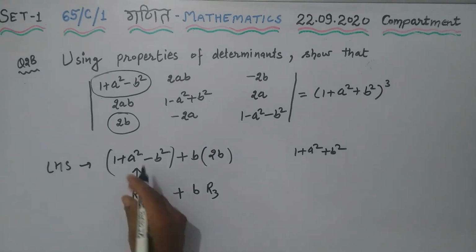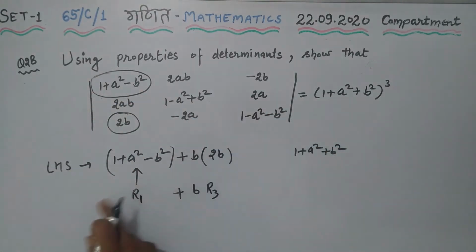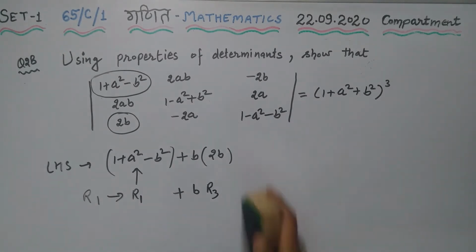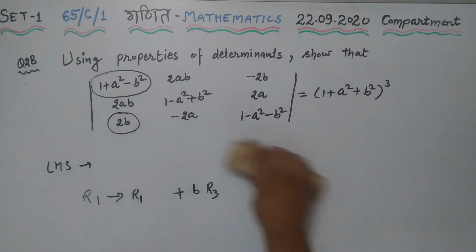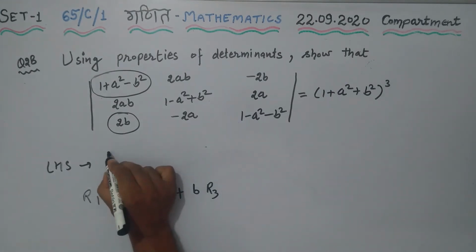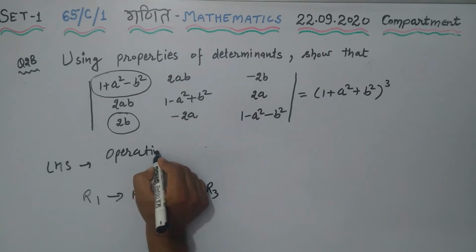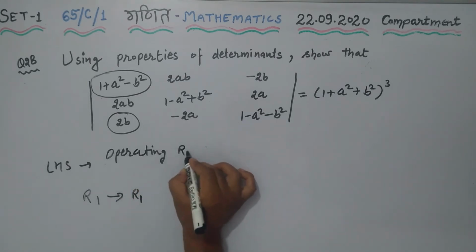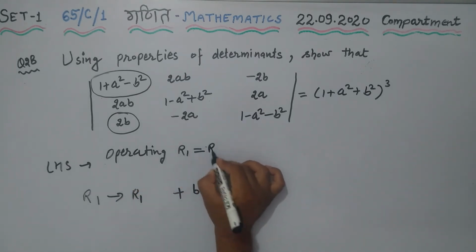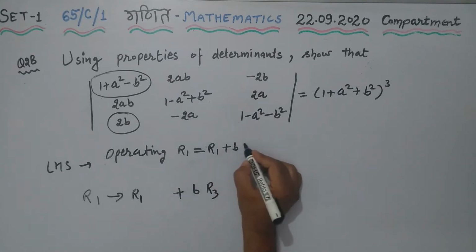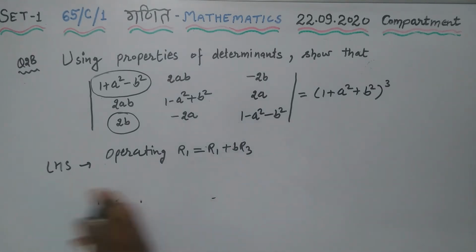So we want to convert now first row into this form, right? So we write here in the beginning, we write the operating R1 is equal to R1 plus b into R3, right?